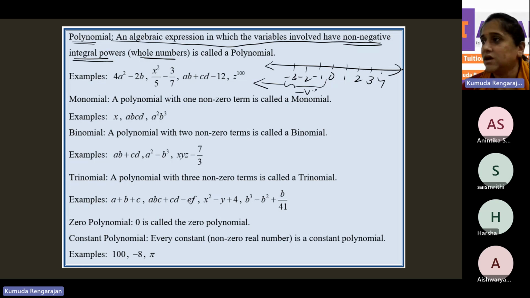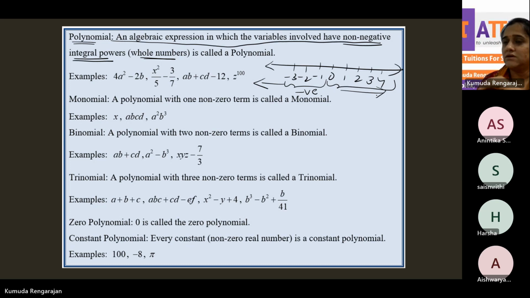Non-negative means the rest of them. Cover the negative part of the number line, as there are infinitely many negative integers. What do you see? 0 and the positive integers. What are they called? Whole numbers. So non-negative does not mean positive. Non-negative means other than negative numbers.